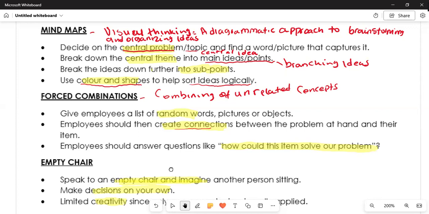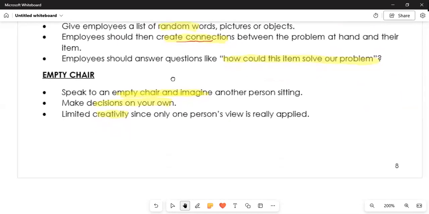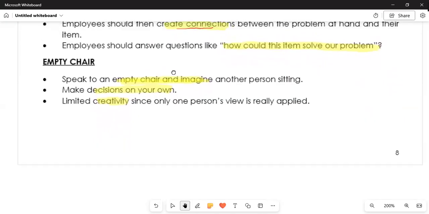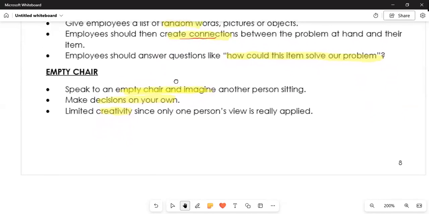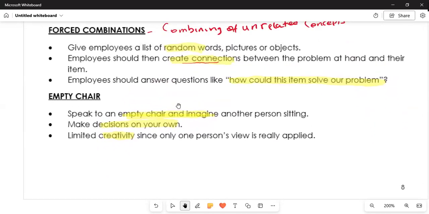Now we are moving to the empty chair technique. This technique can help stimulate creative thinking, generate new ideas, and approach problems from unique angles.